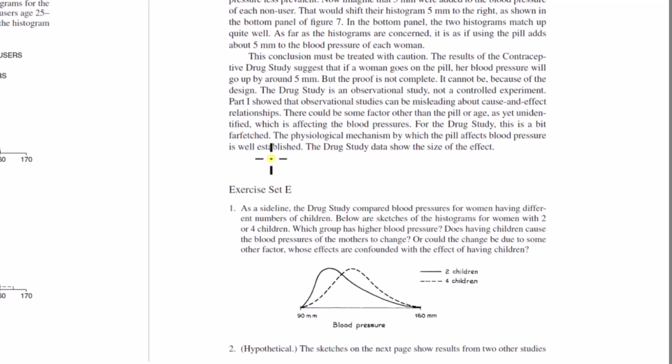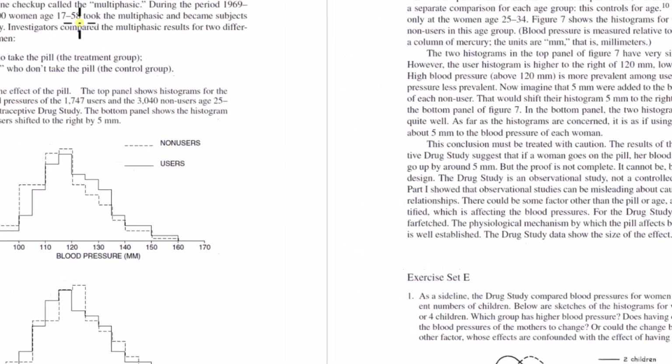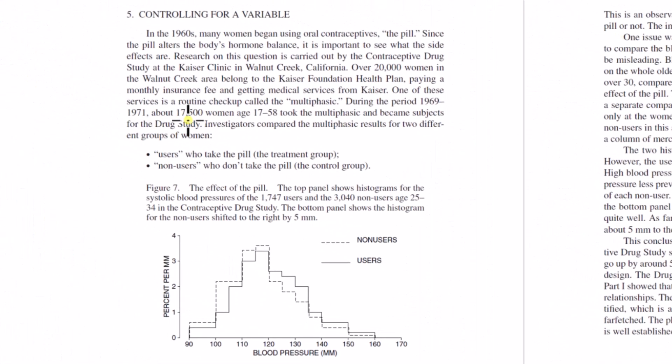Now, the issue with this is that you have to make sure that whenever you do these groupings, you can't all of a sudden create groups that have too small of data points, right? These are statistical studies. You're looking for just patterns, averages. You need a sufficient number of data points, right? If you took this, what was it? 17,500 women here that did the study, and you broke it up into 50 different groups.